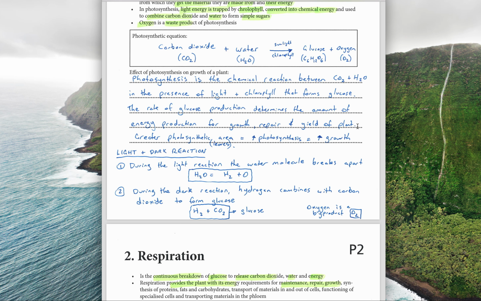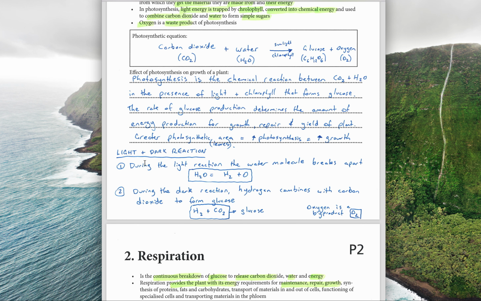Obviously, when there's less sun in a location, or it's winter and there's less sun during the day, plants will not grow as fast. An easy example is lawn or grass at home. During the summer months, you have to mow it much more often because there's much more sunlight and warmth for the plants to grow and photosynthesize. So the more leaves you have, and the greater the photosynthetic area, the more photosynthesis you're going to have, and therefore obviously more plant growth.